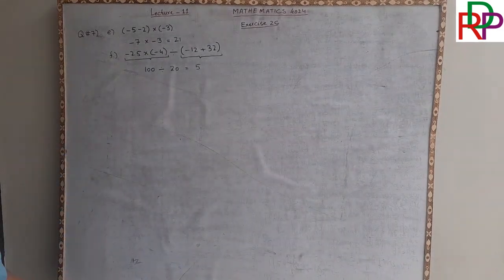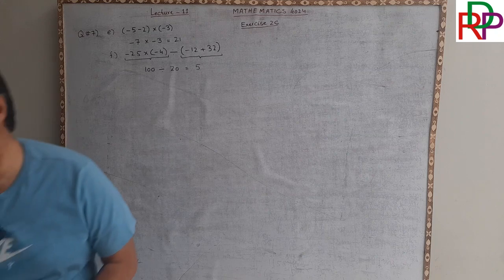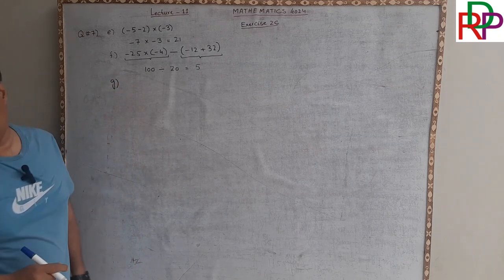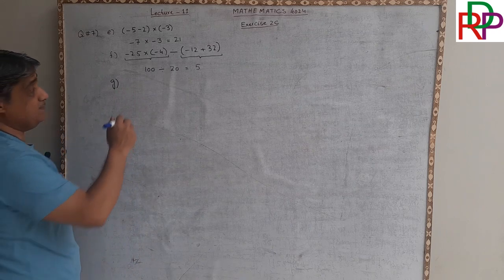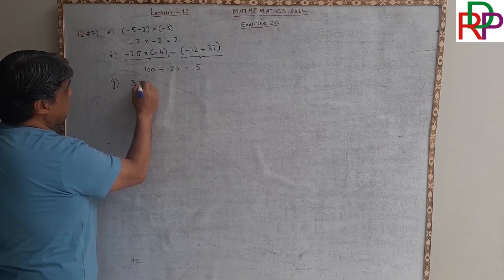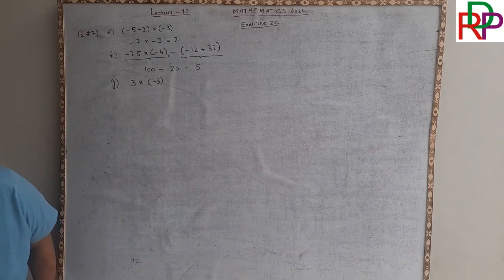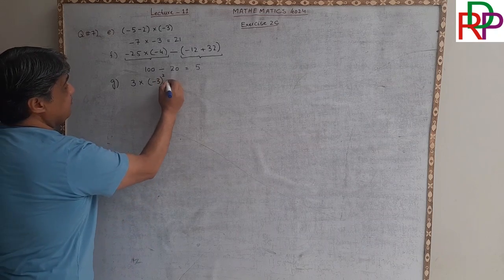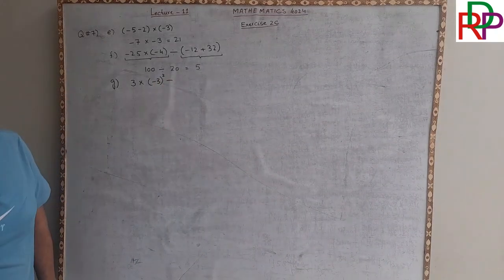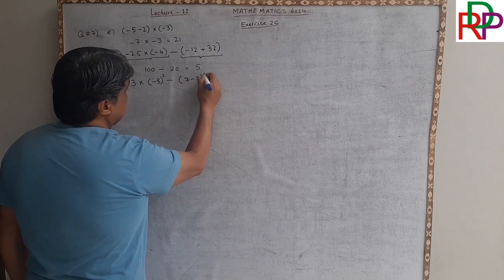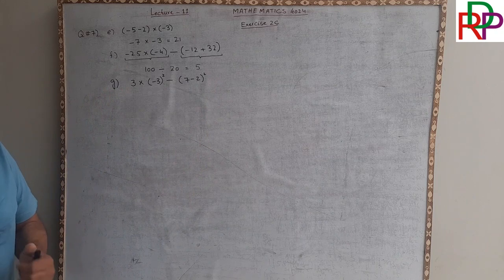Now we are turning our focus to part number G, and G is saying 3 multiplied by minus 3 whole square, and then minus 7 minus 2 whole square, and that's it.